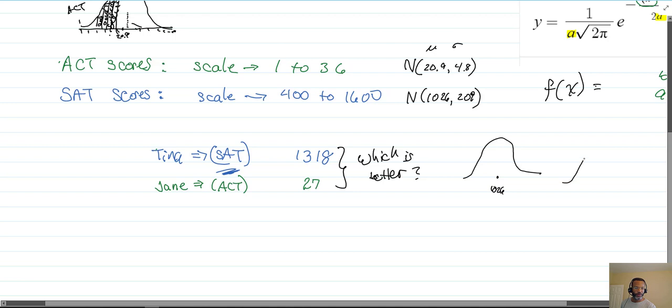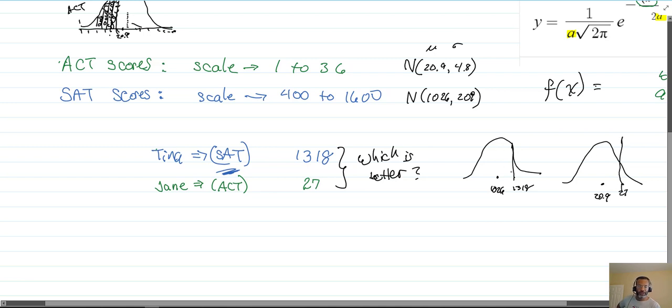And the other normal distribution had a mean of 20.9. And so the 1318 that Tina got would have placed her in that histogram, kind of in this spot over here. And then the 27 that Jane got would have placed her over here.